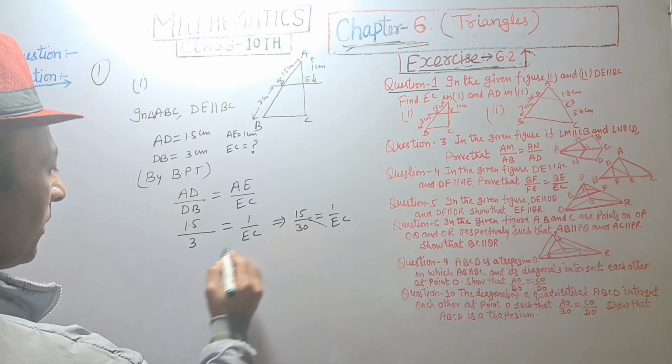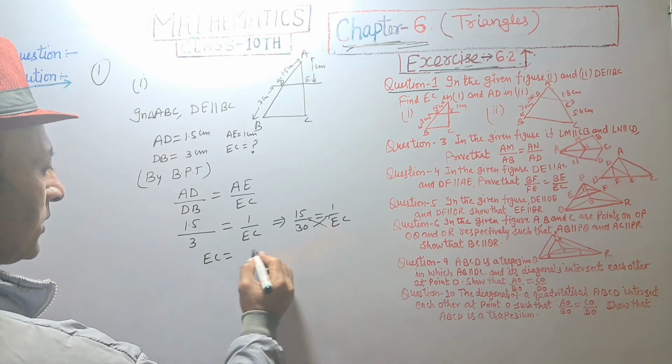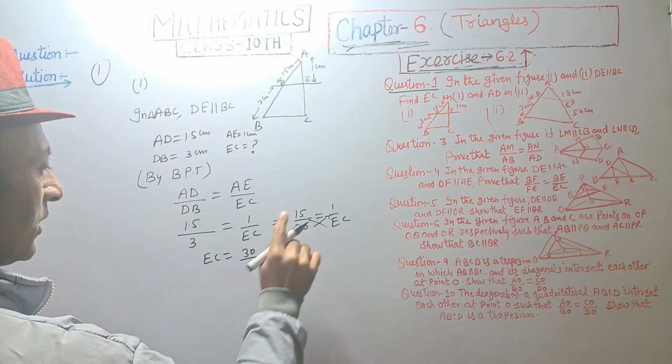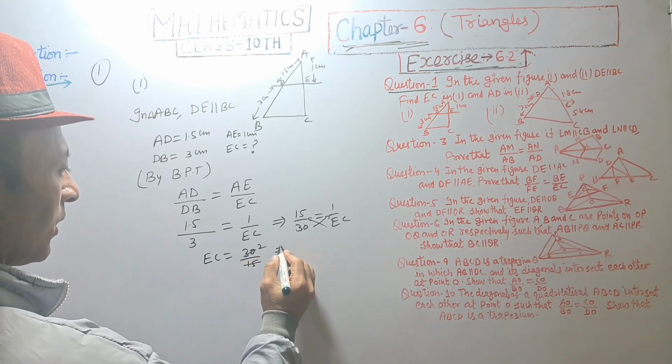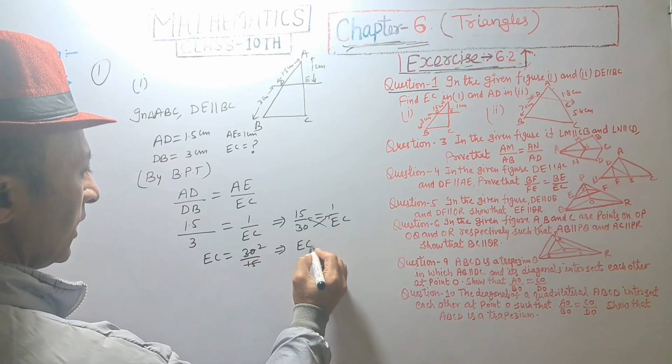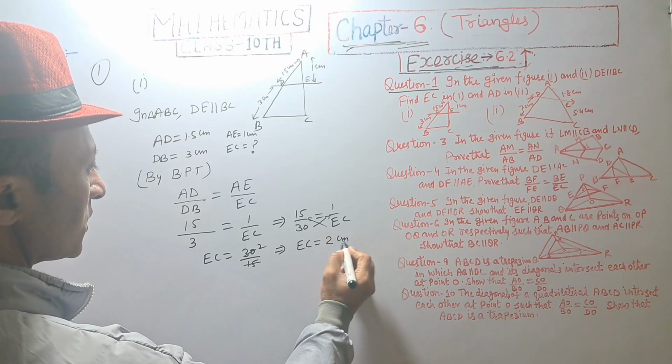EC multiplied by the left side and 30 multiplied by the right side, divided by 15. We get EC is equal to 2 centimeter.